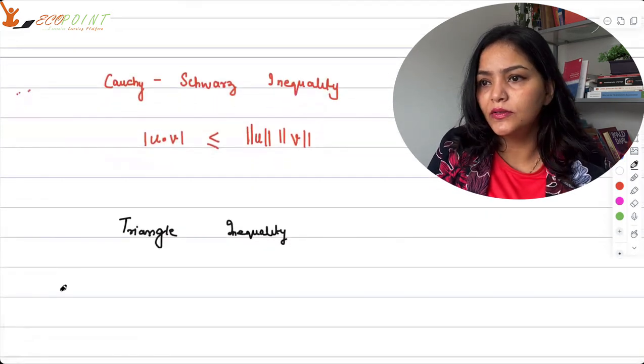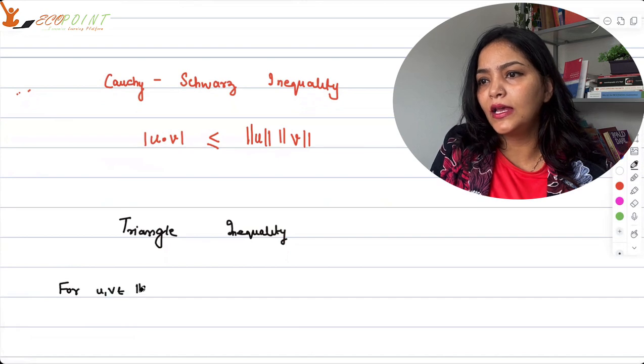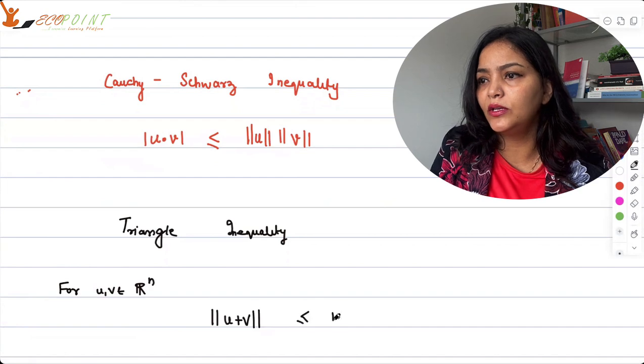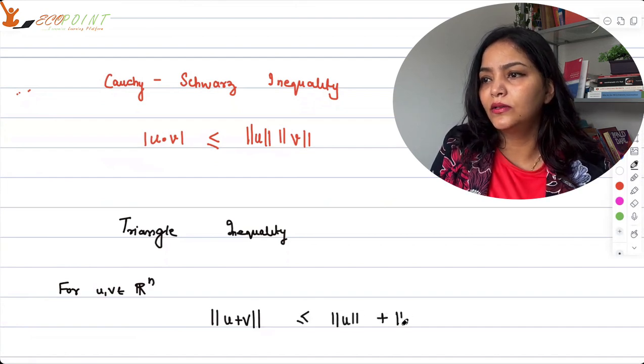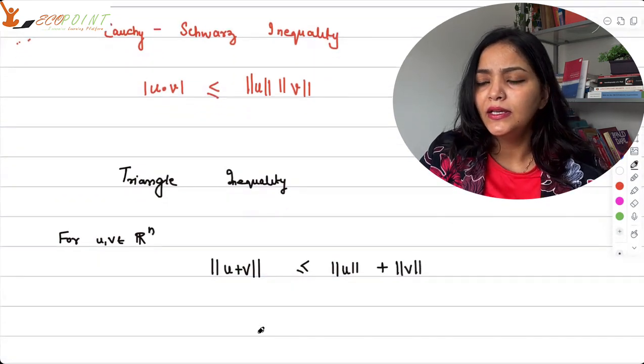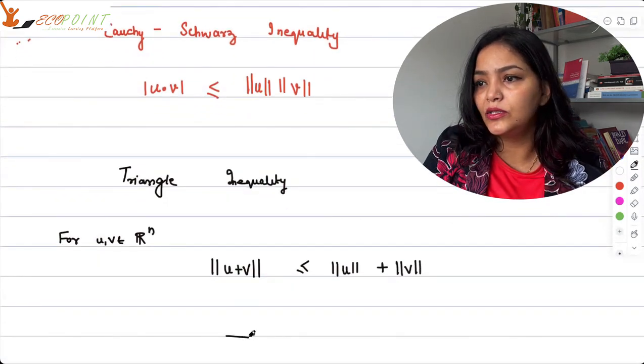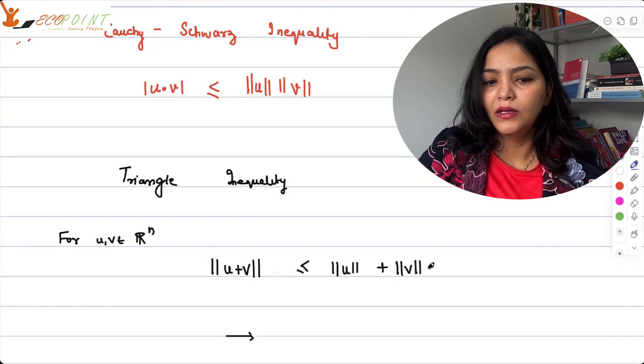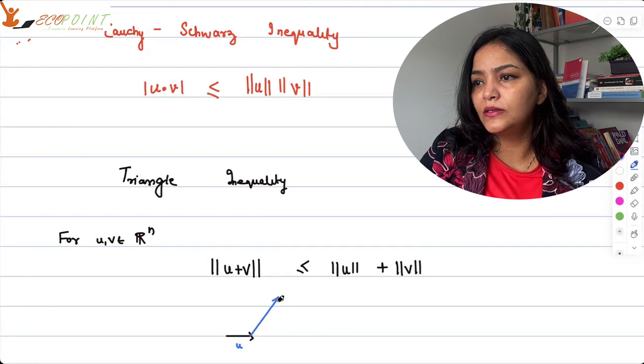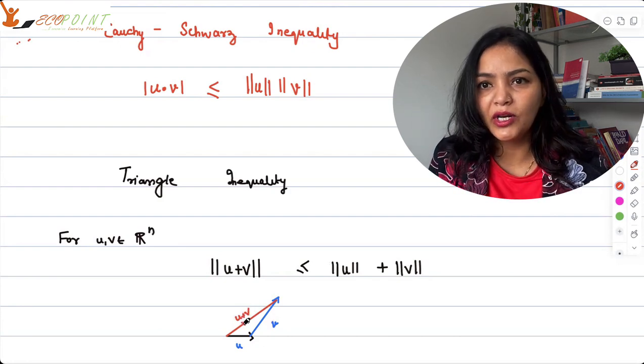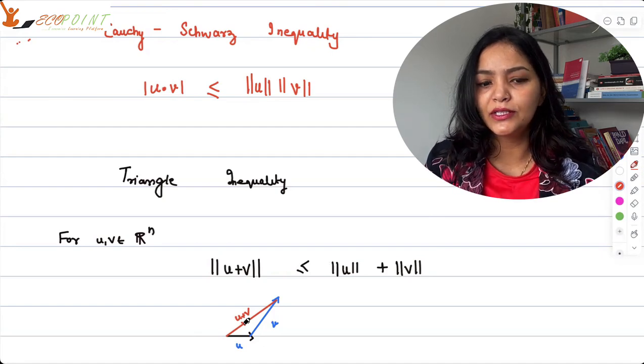If you have any two vectors U, V belonging to, say, Rn, we have that the norm of U plus V is always less than or equal to the norm of U plus the norm of V. This will always be satisfied, which geometrically you can see: if U is this vector, and V is this vector, then the sum of U and V would be this U plus V. So one side of a triangle is always less than or equal to the sum of the other two sides.